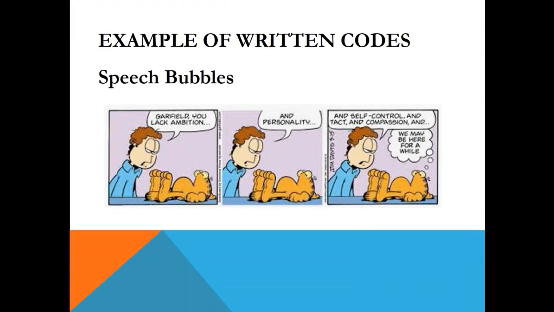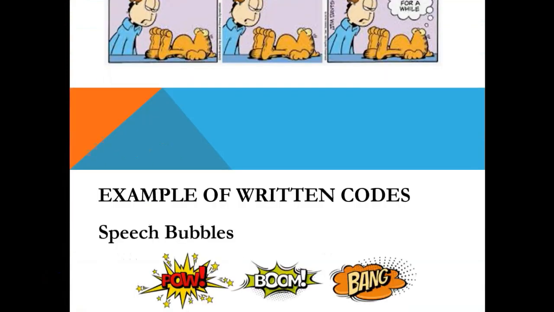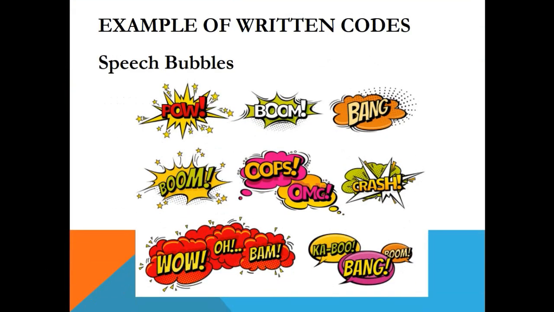Another example of written codes is the speech bubble. Usually used with comics or comic books, you can easily identify which person is talking normally, shouting, or thinking of something. It can also provide readers sound effects even through reading. Check out the following examples.